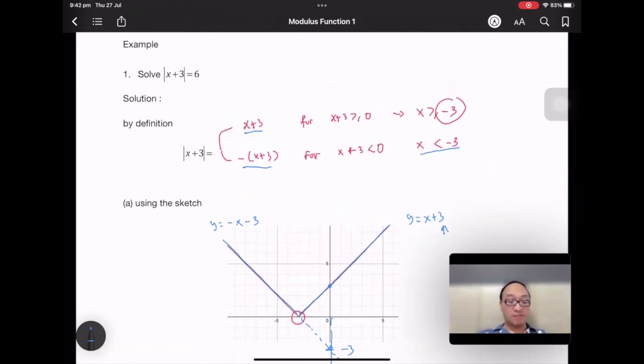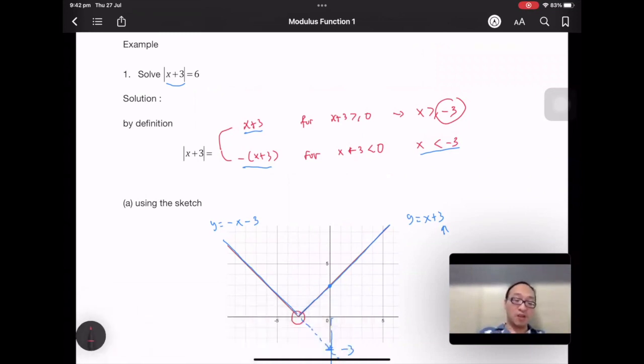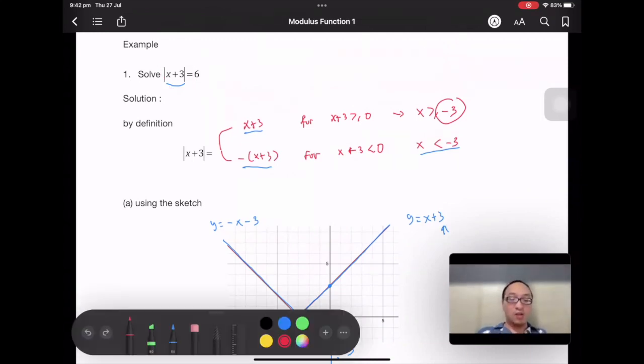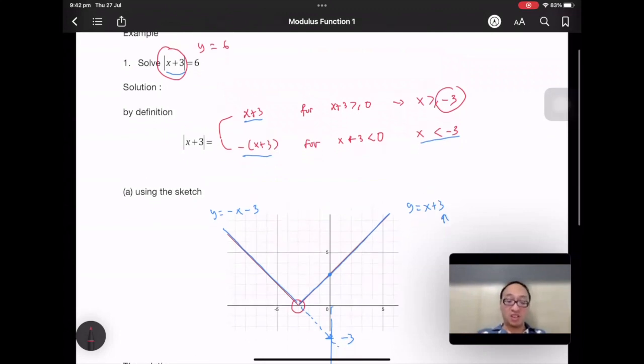Now, we want to solve the absolute value x plus 3 equals 6. So that means we need to find the intersection between the modulus function and y equals 6. We want to find the intersection between the modulus function of x plus 3 and y equals 6. y equals 6 is the horizontal line.